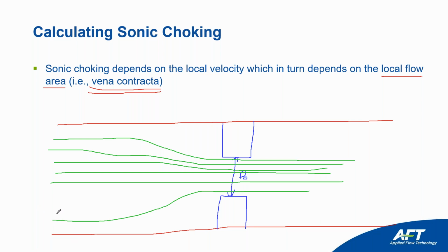And this is what we have for our vena contracta effect. So for the vena contracta effect, there's a different area for that area of flow. So if this is where the molecules are and they are confined to this particular space, where this is our diameter of the flow area or vena contracta, that's what we're talking about.